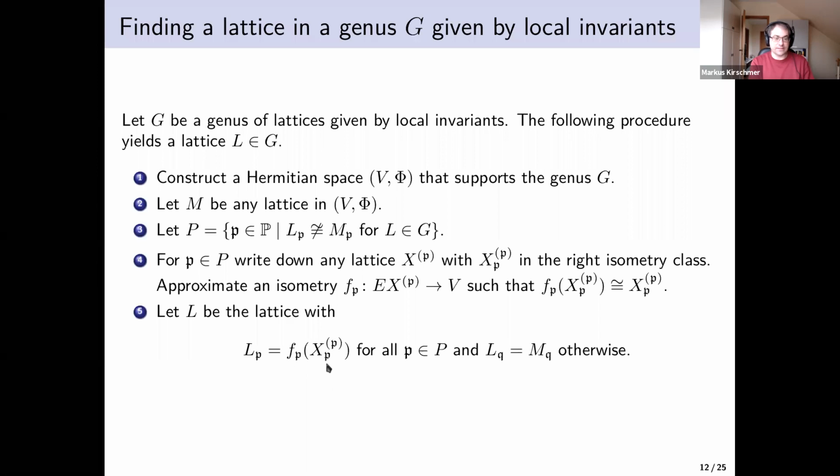It is this lattice locally here, and equal to M on all the other places. And once you do that, we are correct at those places not in P, and at the places in P, we are also correct by construction of this isometry, of this lift. So by the end of the day, we have a lattice that locally is correct. It does lie in the genus.